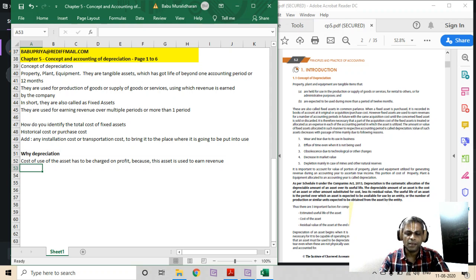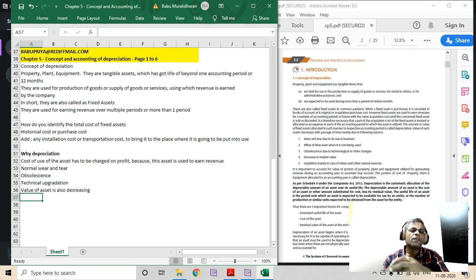For example, an asset can suffer normal wear and tear, or obsolescence, or technical upgradation, and the value of the asset is also decreasing.